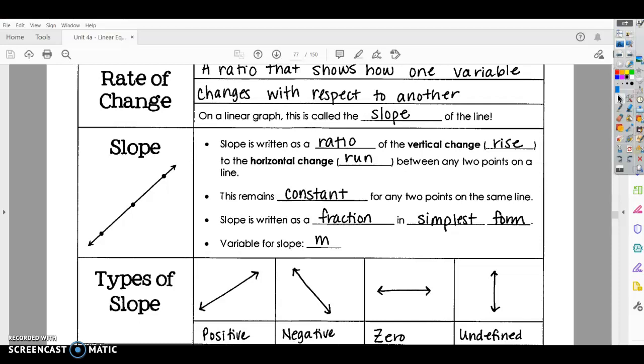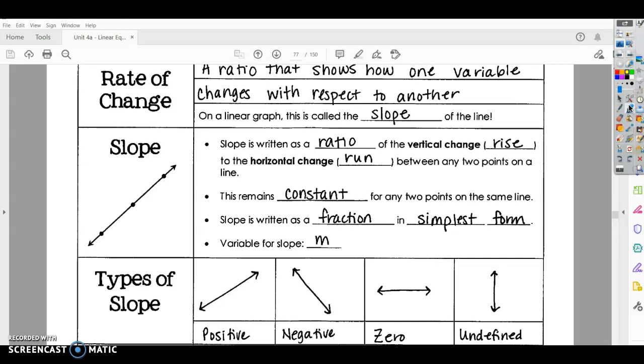All right, if you look at a graph, we always look at a graph going from left to right, and if it's going uphill, this is considered a positive slope. So just remember, you read from left to right, and that's how you determine whether your slope is positive or negative.